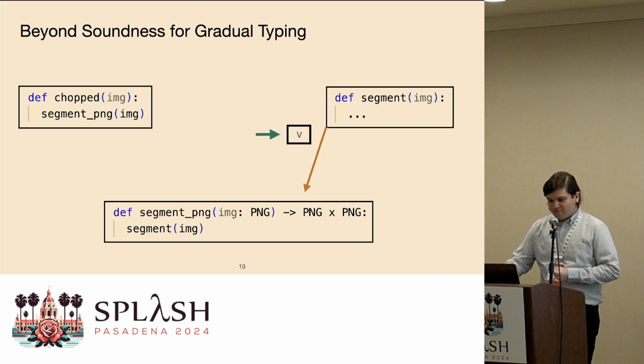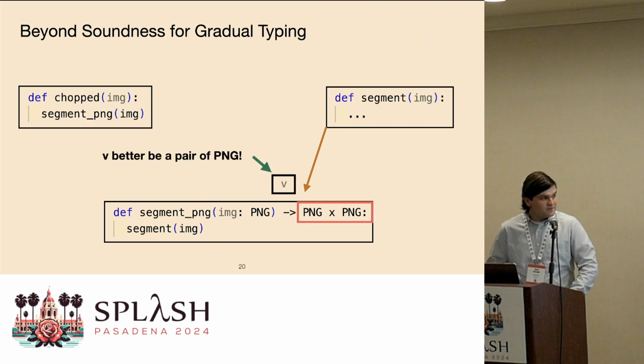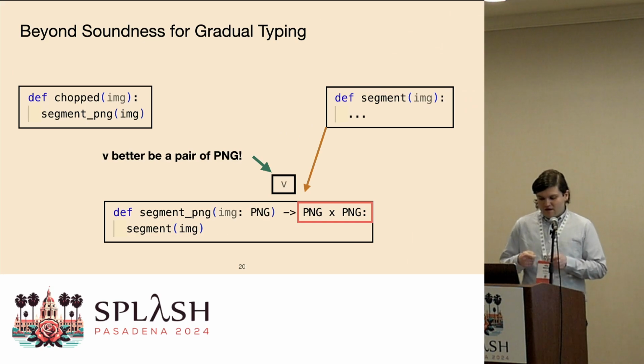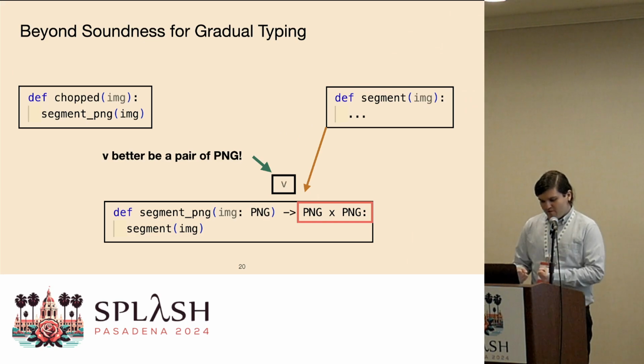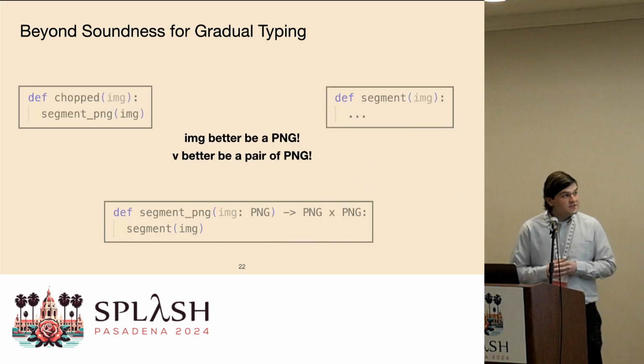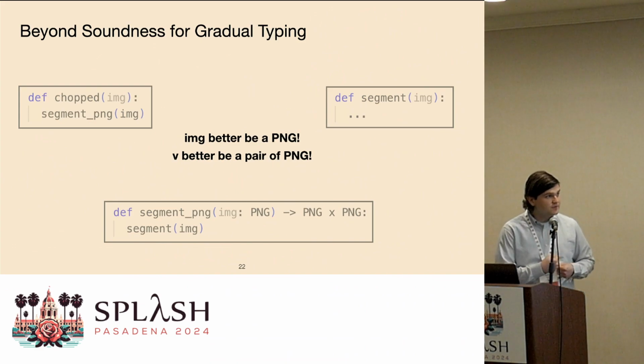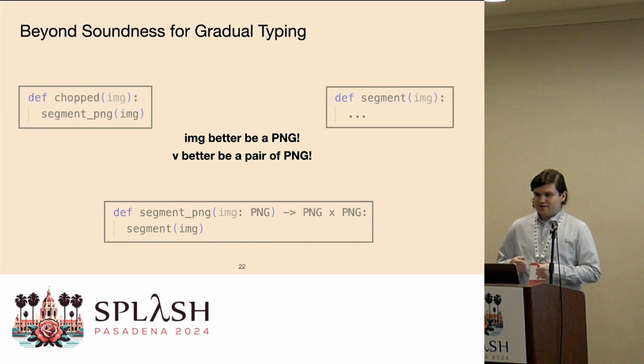Segment produces some value after running. And when it goes back to segment PNG, it sees the annotation and sees this value better be a pair of PNGs. And finally, it goes back to the untyped chop function. So over time, as we run a gradual program, we get these kinds of assertions like image better be PNG and v better be a pair of PNGs.